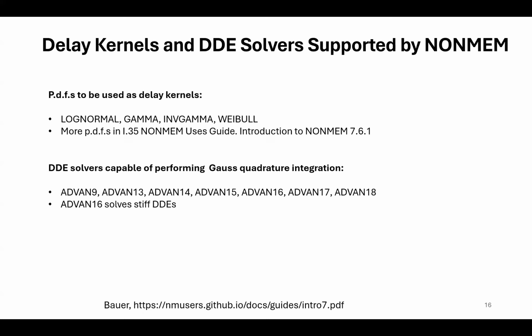But there is some additional ADVAN you might be familiar with, like ADVAN 9 or ADVAN 13 that I will use for solving ODE models that are also able to solve delay differential equations and can be used for implementing distributed delays.